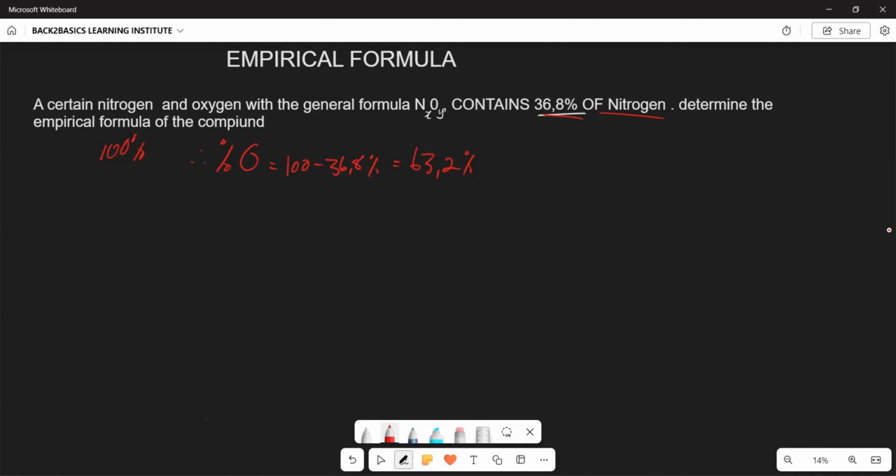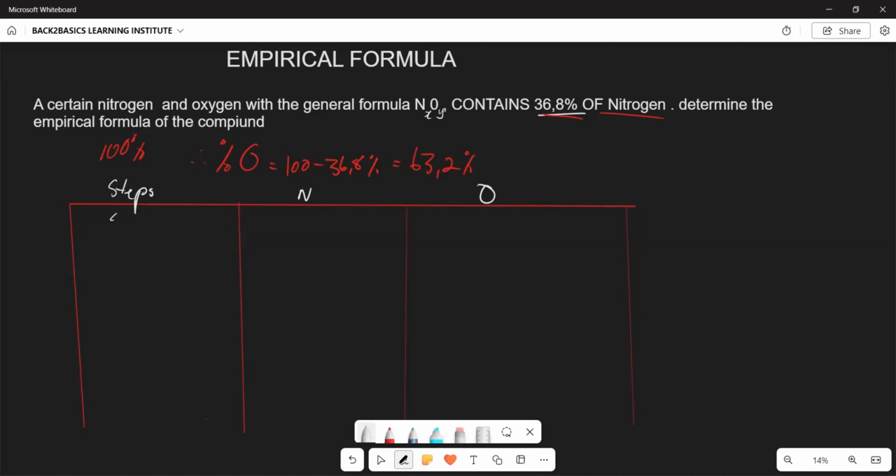After that, we are going to present this in our table. Therefore, we are going to represent this in terms of our steps. This is going to be the block that represents your nitrogen, and this is the block that represents your oxygen.